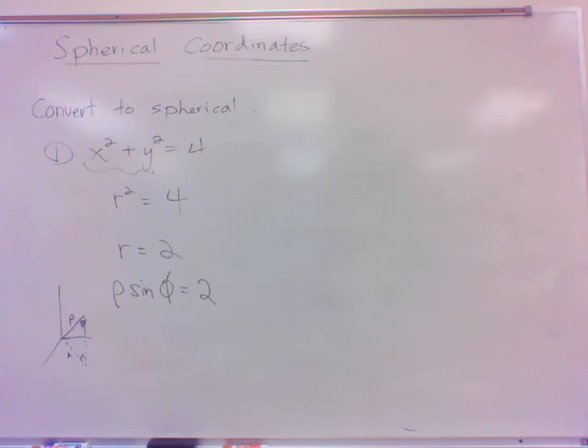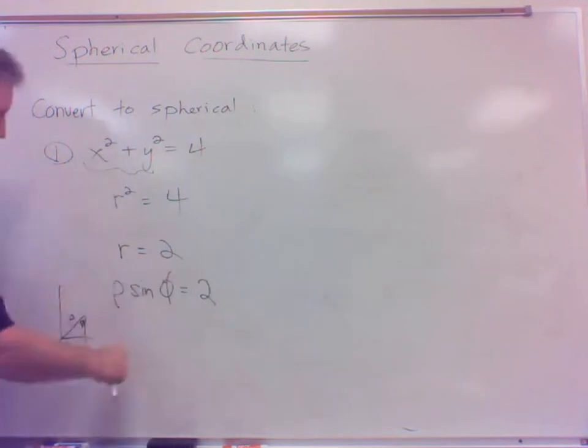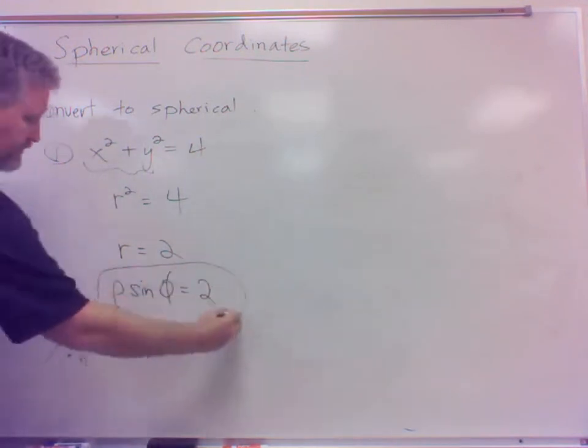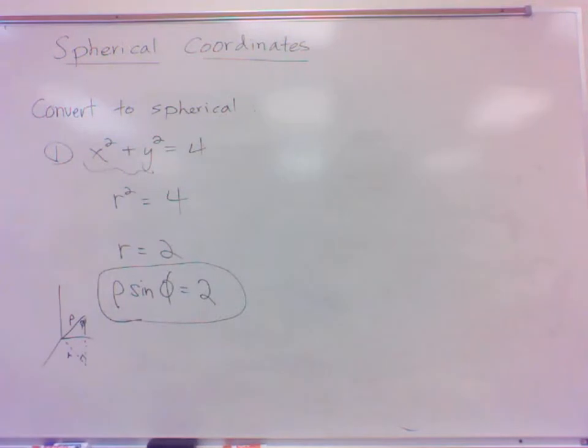That gives us a little conversion there. So change this to r squared, which we can square root to get to r, and r is rho sine phi because of the right triangle we know these make. So yeah, there you go. In spherical terms, x squared plus y squared equals 4.